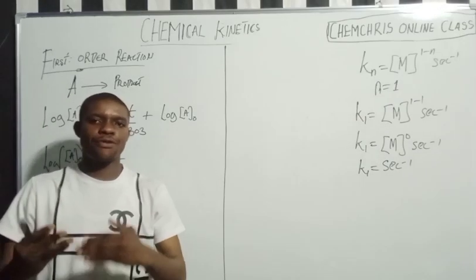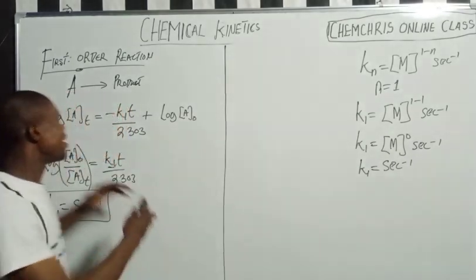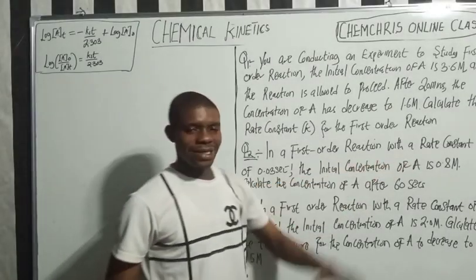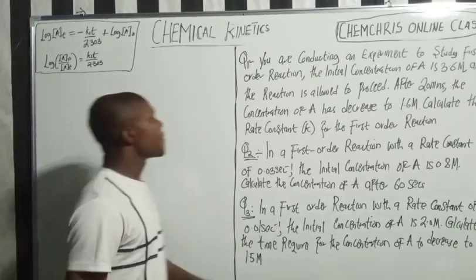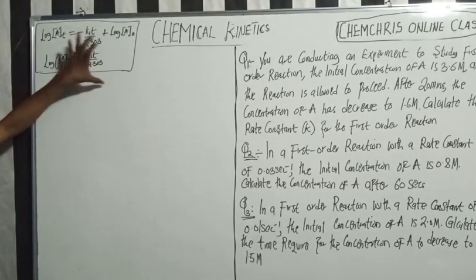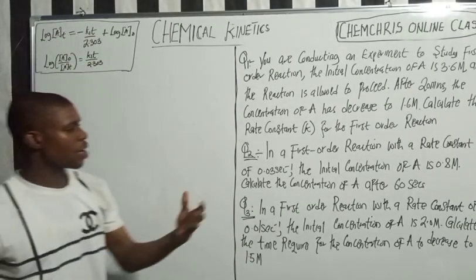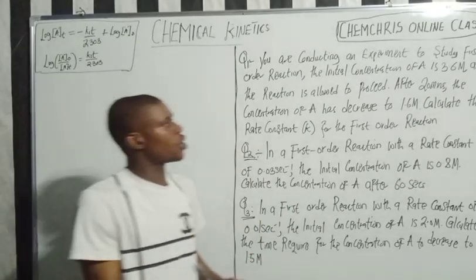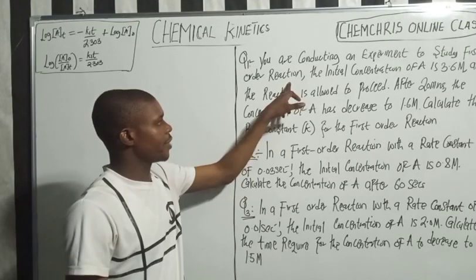So let's solve two or three or four problems relating to this. Let's look at these three sets of questions. Here are the formulas I've set up so I'll be able to solve this problem. They say you are conducting an experiment to study a first order reaction.